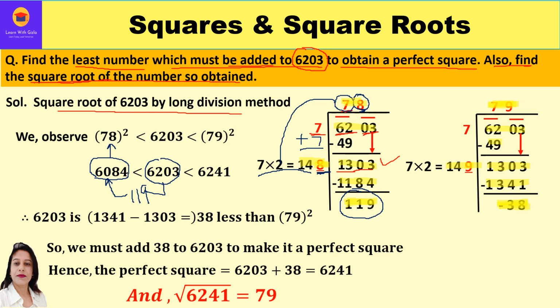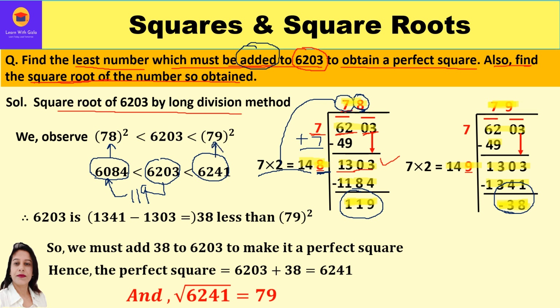But over here they are asking us what should be added, right? So we will add what we have fallen short of. We have fallen short of 38. That's why it has come minus 38. Because if this number is added, we will get a perfect square number 6241, which is the square of 79.